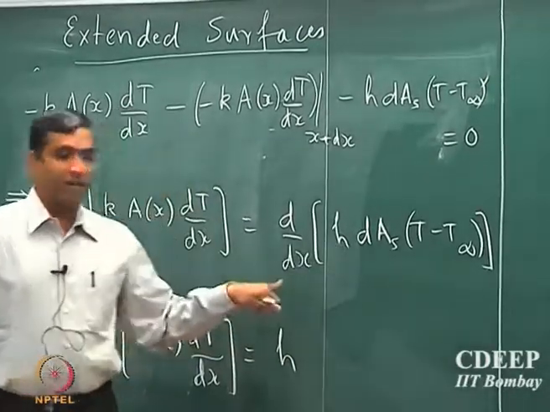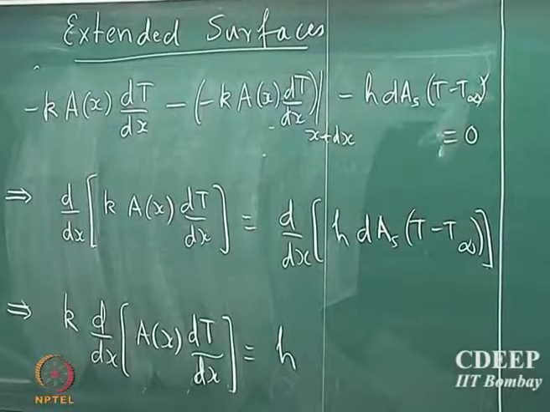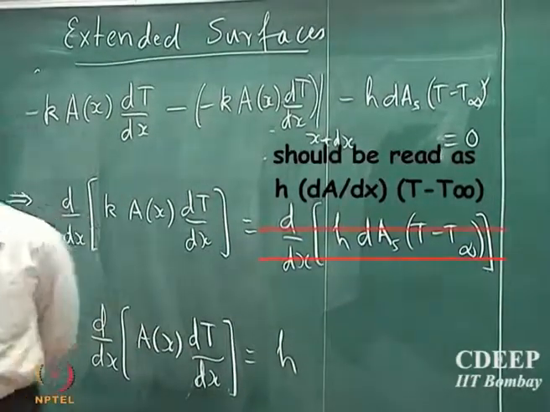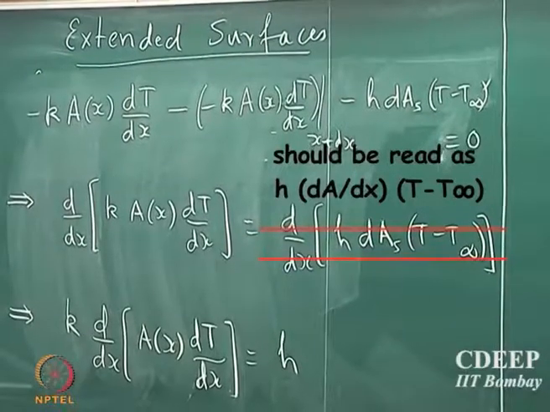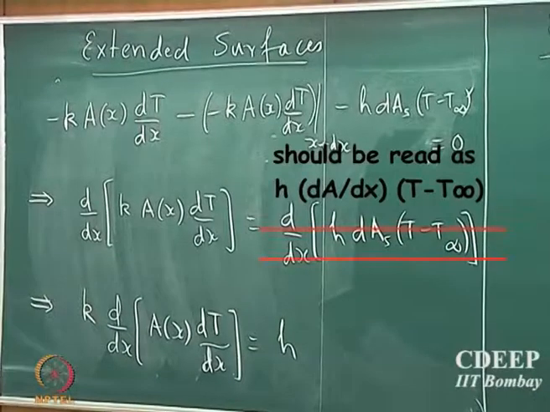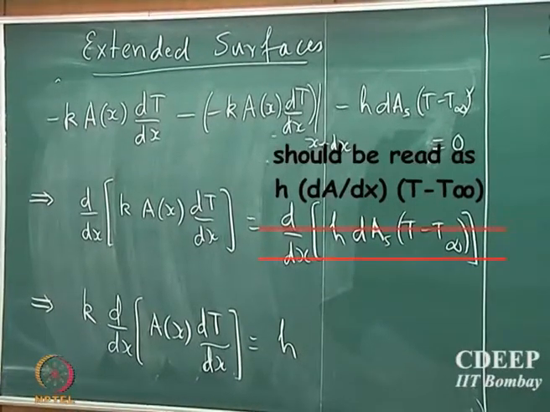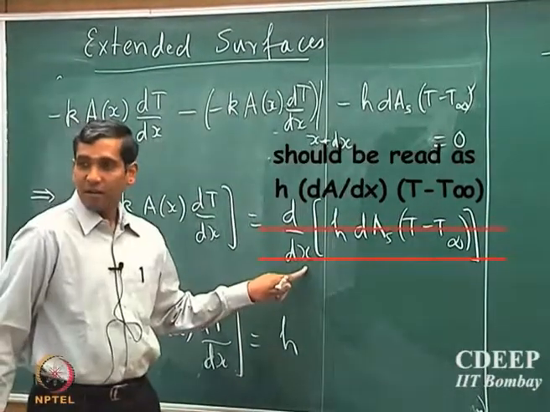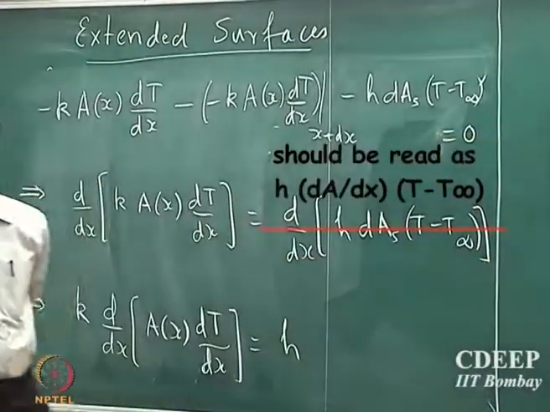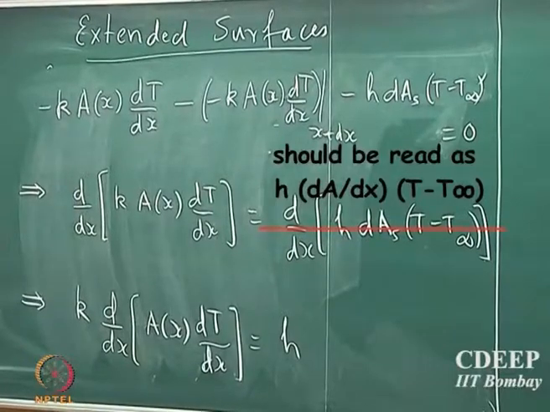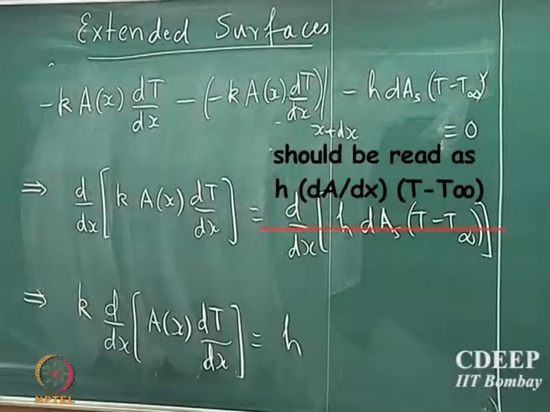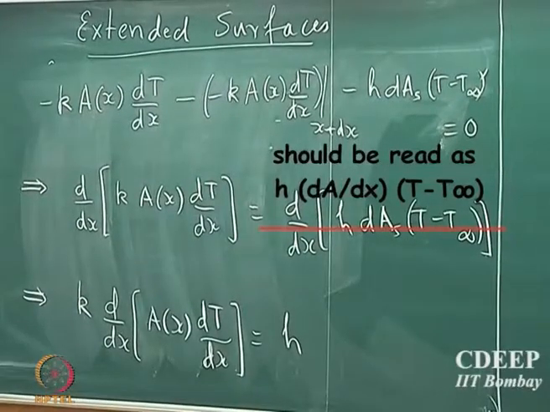Is T minus T infinity a function of position in this term here? Yes or no? But you have to watch out. This is the d by dx rate of change of the convective term. So here what is changing? Is the area changing with dx or T minus T infinity? What should you consider?